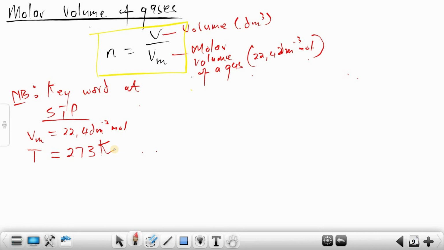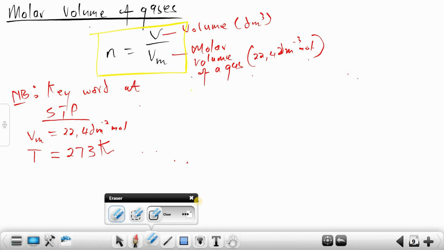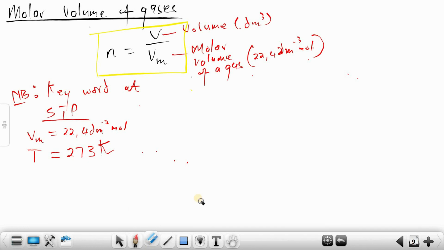If it is at STP, the molar volume of a gas will be 22,4. If it is not at STP, then we have a challenge: we must be given new information on the molar volume of a gas. And the correct SI unit is decimeter cubed per mole.